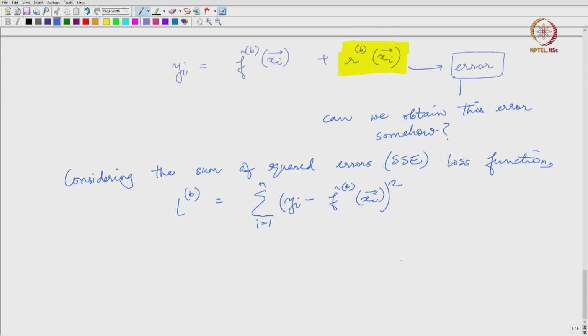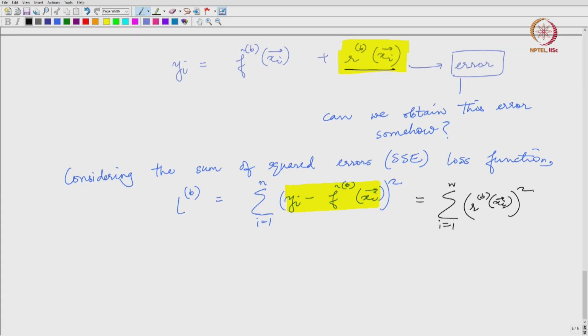Now, let us try to figure out what the error is. So, we already discussed that y_i minus f hat_b(x_i) is basically R_b(x_i). So one could also write this as the sum, i going from 1 to n, of R_b(x_i) whole square. Okay. So now how do we get this residual? Is there a way to obtain this residual from the loss function? Okay. Now something very interesting emerges if you take a derivative of this loss function versus f.